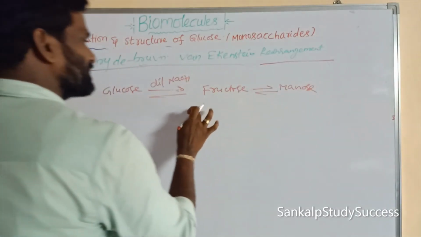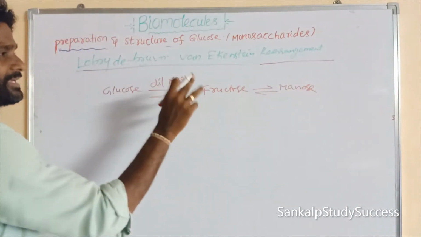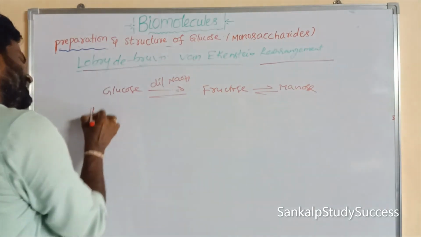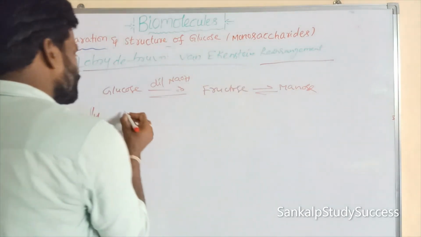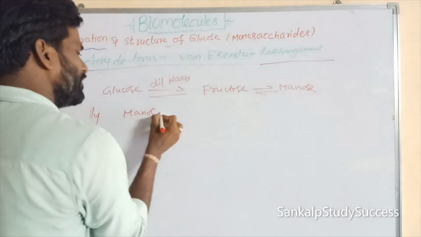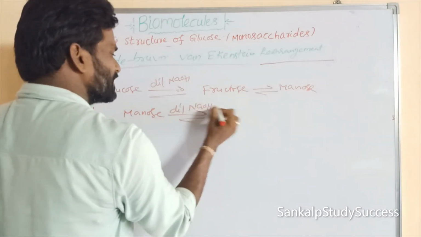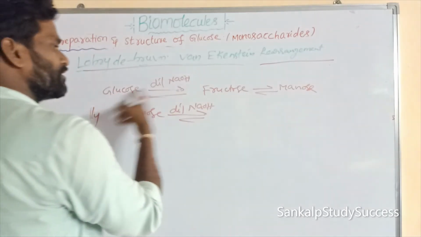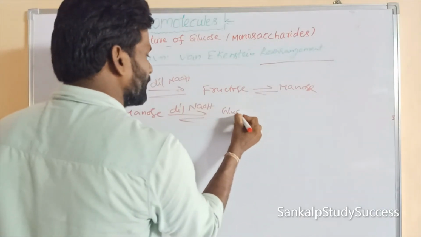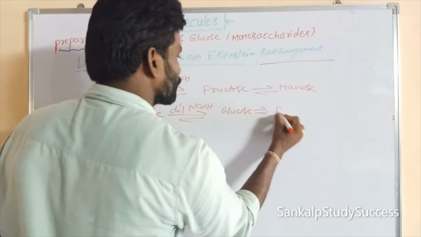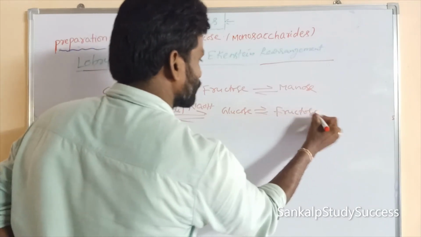So all these three are in equilibrium with each other, and similarly if mannose is also reacted with dilute NaOH it gives an equilibrium mixture of glucose and fructose.